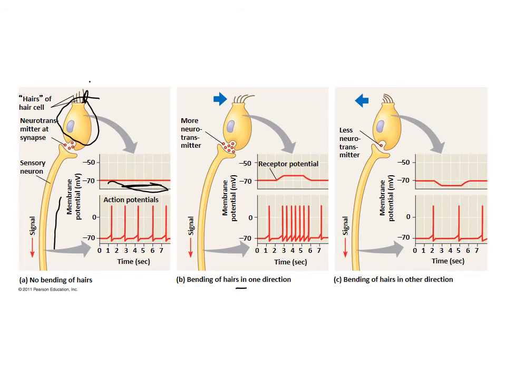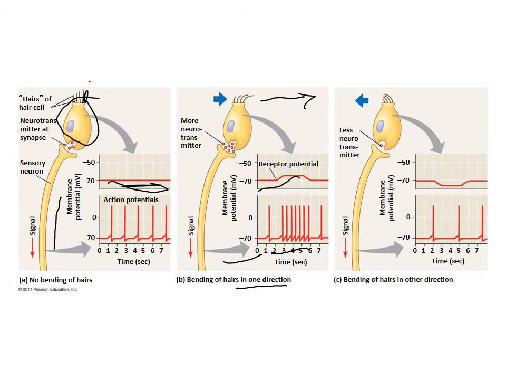If you have the bending of the hairs in this direction, you can sense it, because the signal is then sent in this way that there is a depolarization, and it is shown as these action potentials.